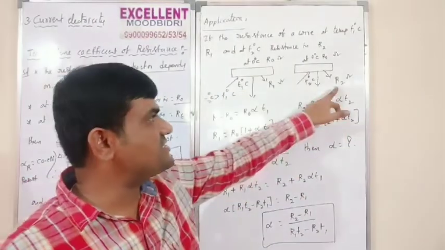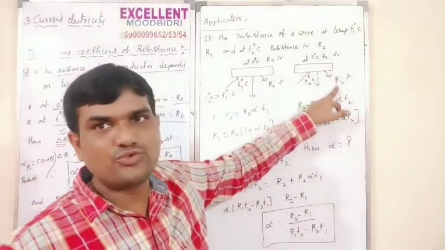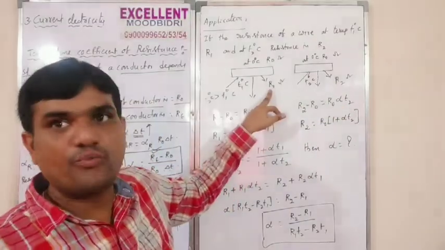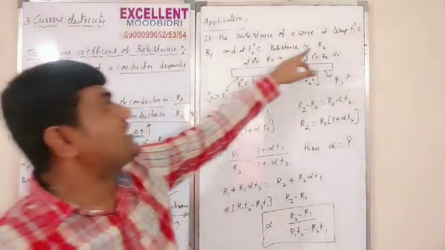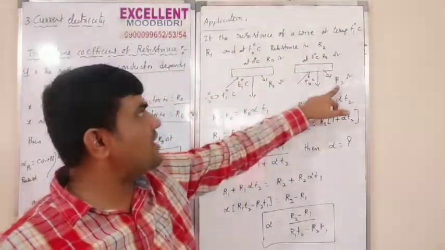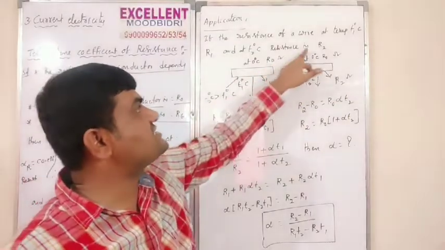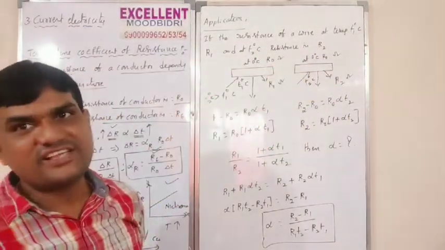That resistance is R2 ohm. This is R1 ohm, this is R2 ohm. What is the meaning of R1? Resistance of the conductor at T1 degrees Celsius. Similarly, R2 is the resistance of the conductor at T2 degrees Celsius.